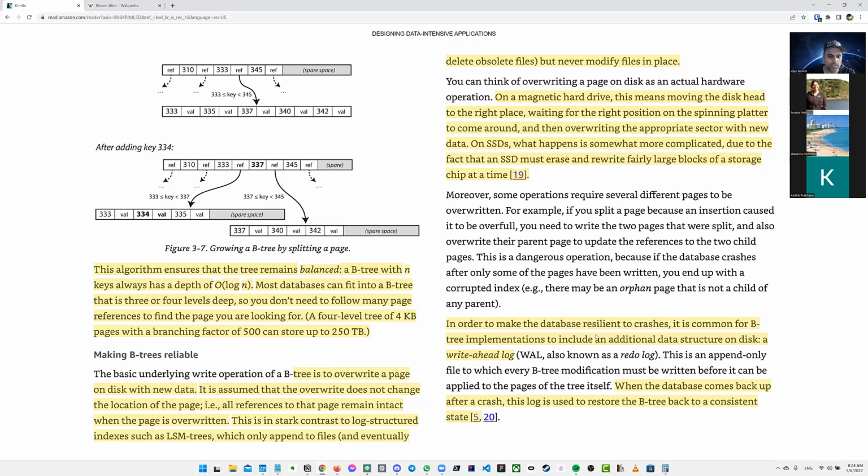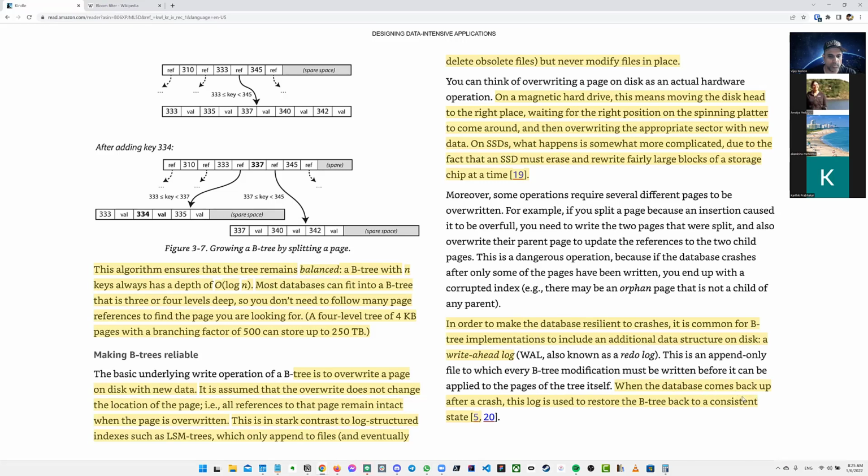But in order to make the database more resilient to crashes, B-trees also have a write ahead log called a WAL, and it's called a redo log. This is an append only file to which every B-tree modification must be written before it can be applied to the tree itself. So this is their strategy for keeping the database resilient to crashes.